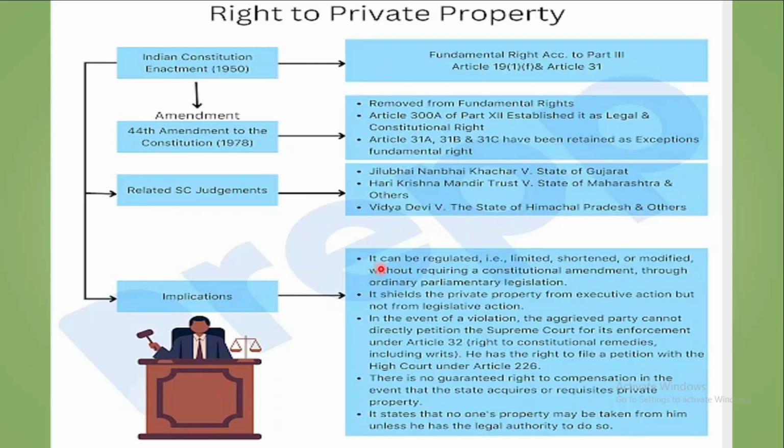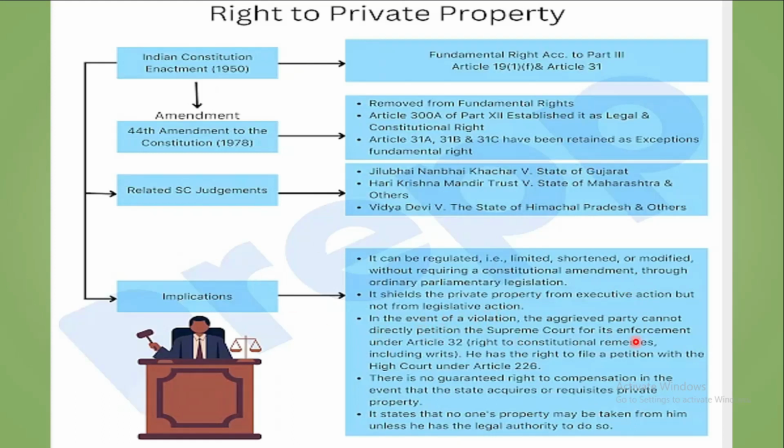What are the implications? Now the right to property can be limited, shortened, or modified through ordinary parliamentary legislation, without requiring a constitutional amendment. Moreover, it shields private property from executive action, but it does not shield it from legislative action.